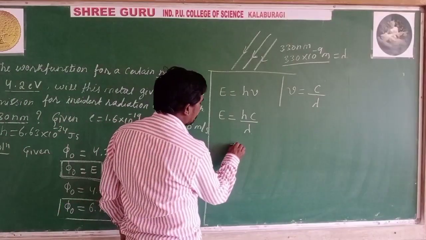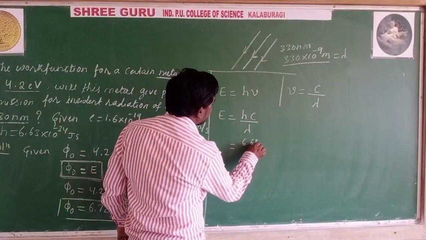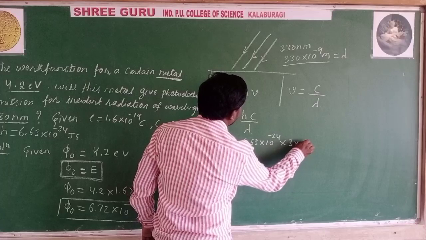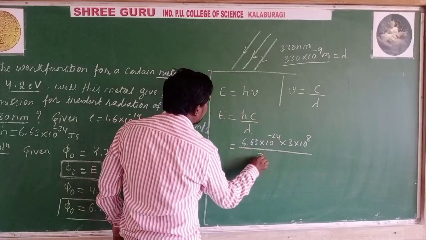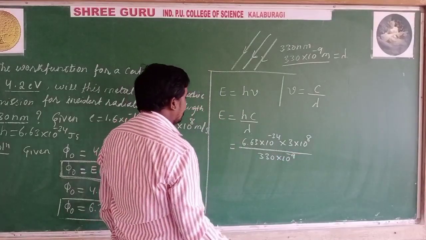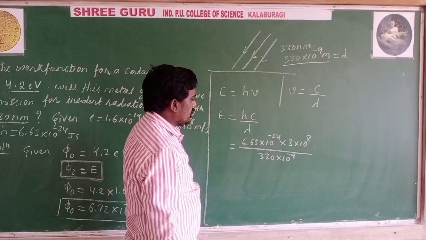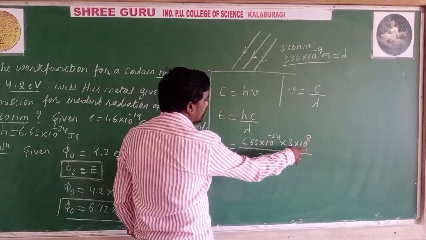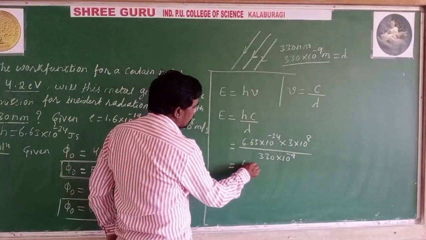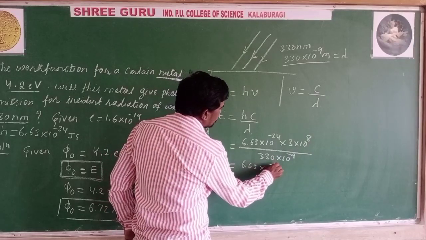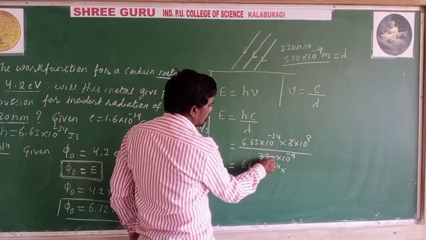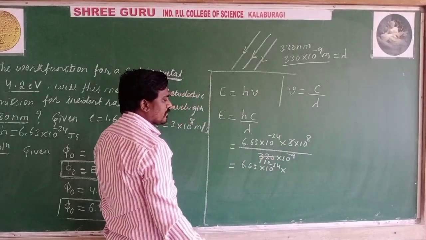Now substitute the values. h is equal to 6.63 into 10 raised to minus 34, into c value 3 into 10 to the power 8, and lambda value is 330 into 10 raised to minus 9 meter, that is 330 nanometer.